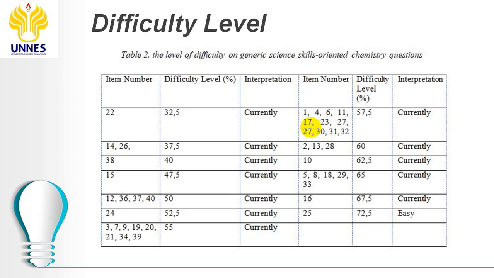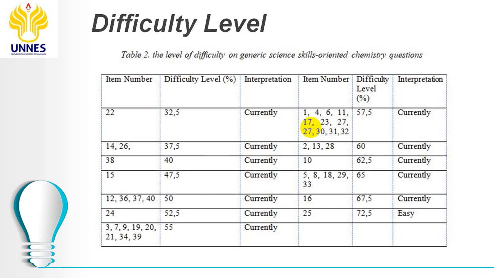The items in the difficult category are 0 items. Items that fall into the medium category shall be stored in a question bank for reuse. Good items are items that fall into the medium category.